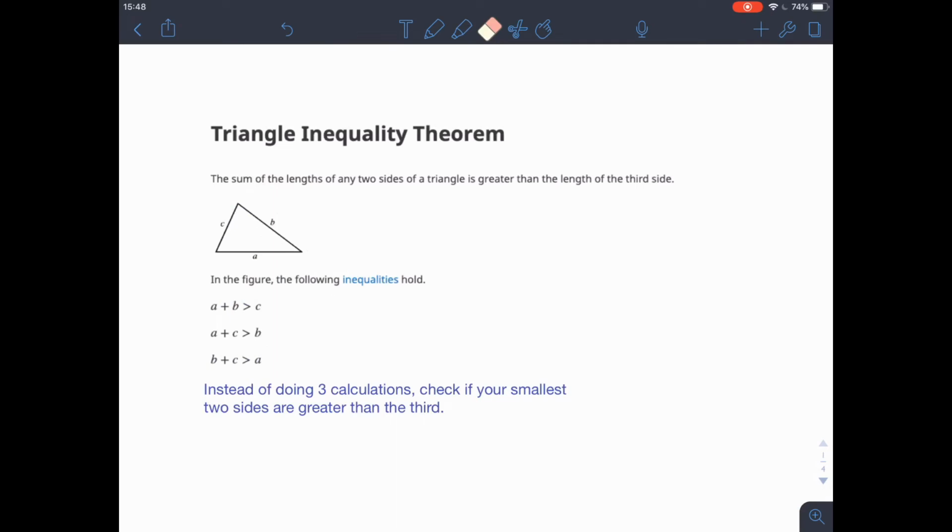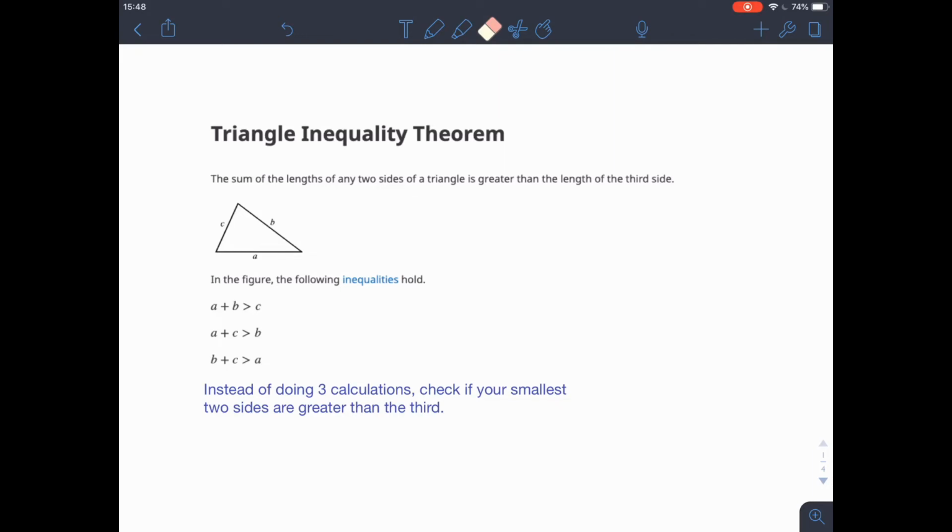The last thing we're talking about today is called the triangle inequality theorem, and instead of talking about the angles that make up a triangle, it talks about the sides. And the important thing to know about the sides of our triangle in this theorem is that the sum of the lengths of any 2 sides of a triangle is greater than the length of the third side.